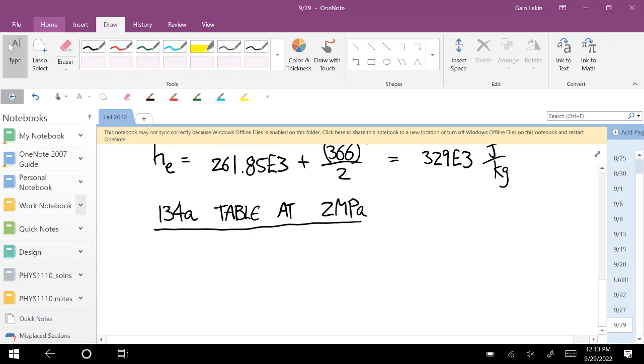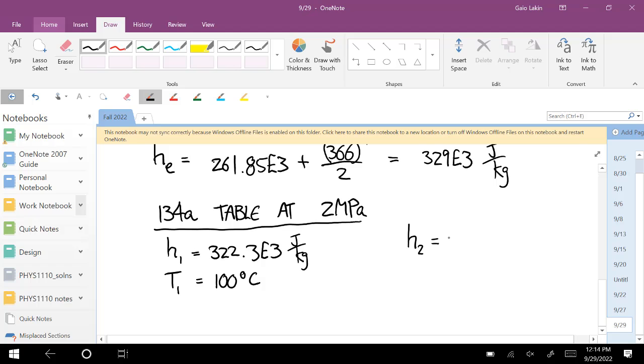And it told me that h1 is equal to 322.3 times 10 to the third joules per kilogram at a temperature of 100 degrees Celsius.